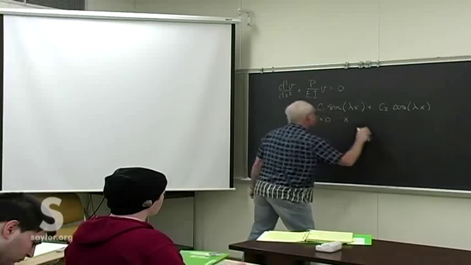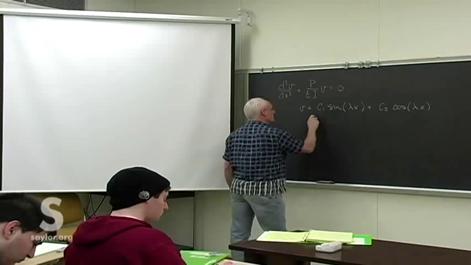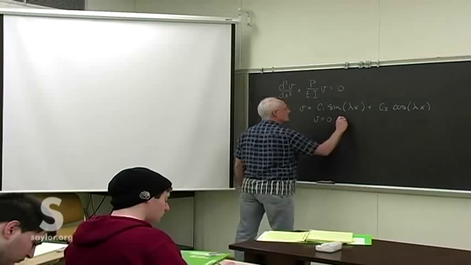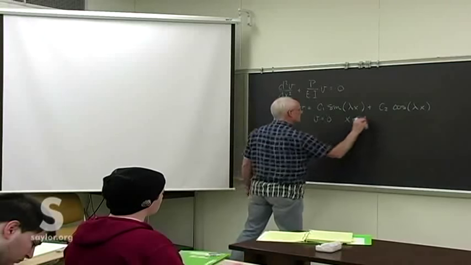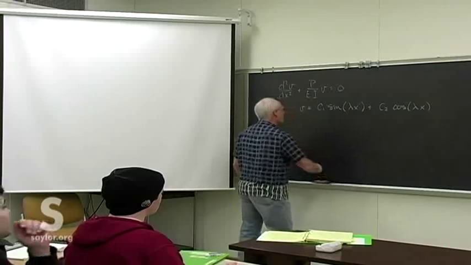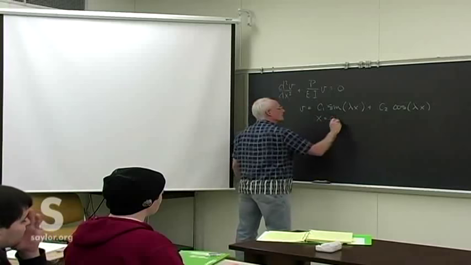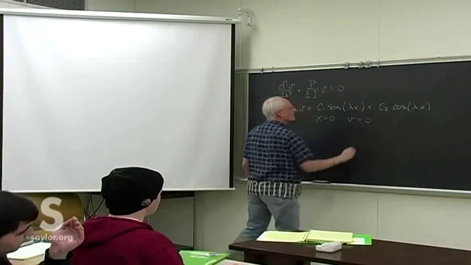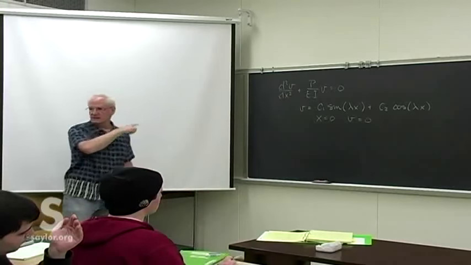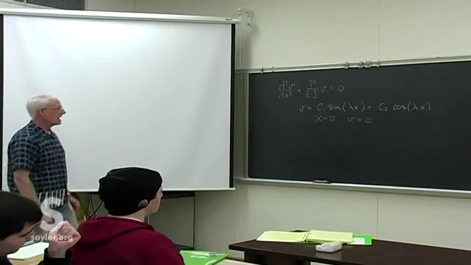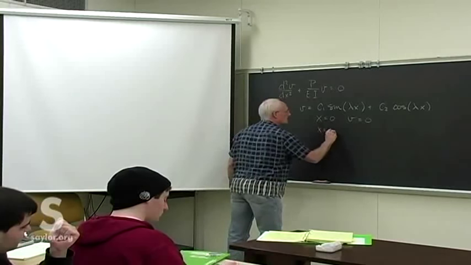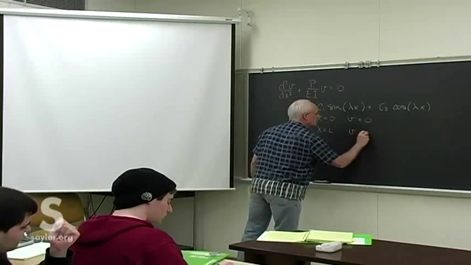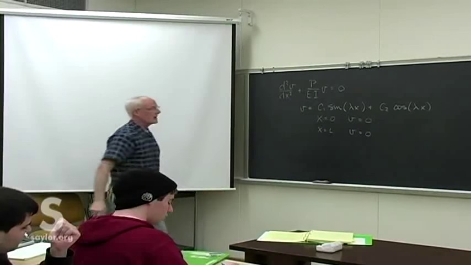Some kind of known situation, such as at x equals 0, V equals 0. That's the business of us having that upper end in a track. We also know at x equals L, V equals 0 again, because we've got the bottom pinned.